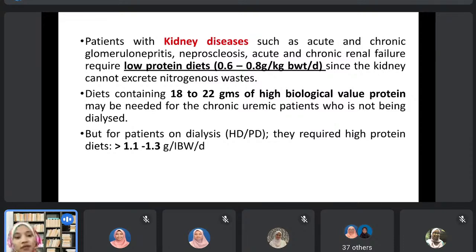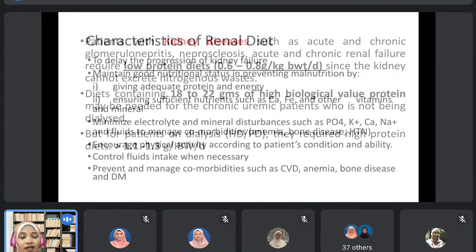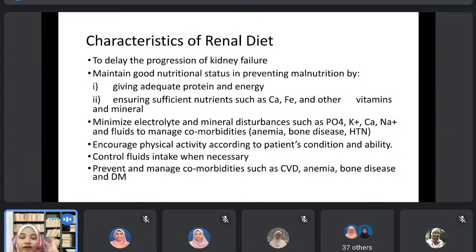So the diet should contain 18 to 22 grams coming from HBV. But for patients on dialysis, whether HD or PD, they require a high protein diet, which could be between 1.1 to 1.3.